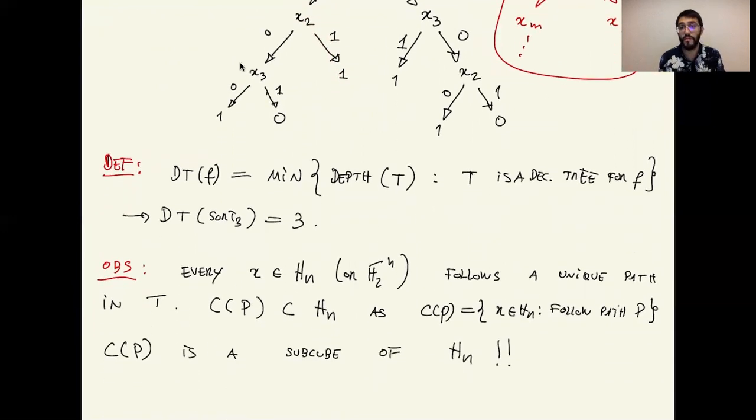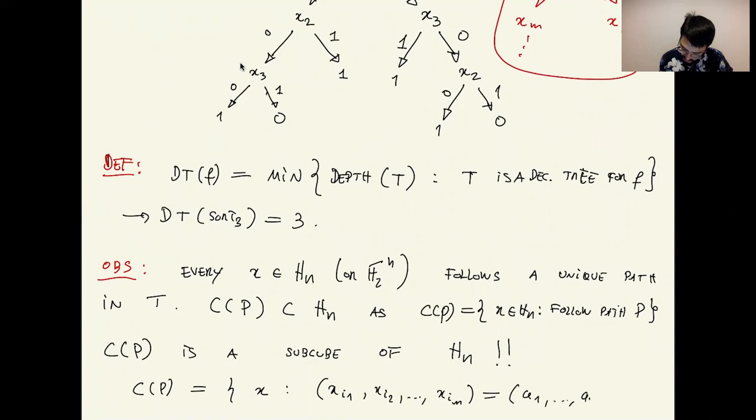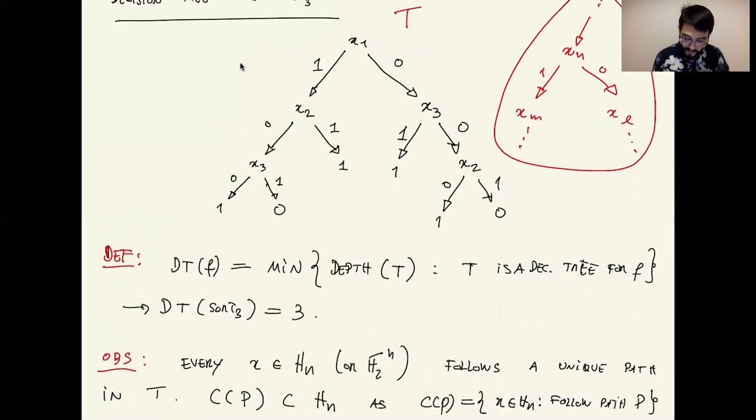In general, that's what happens, because C_P will be exactly of the form: the x's such that some subset, say x_{i1} and x_{i2} and so on, equal some fixed values. That is exactly a path, because a path only queries some variables, not necessarily in order, it could be any order.